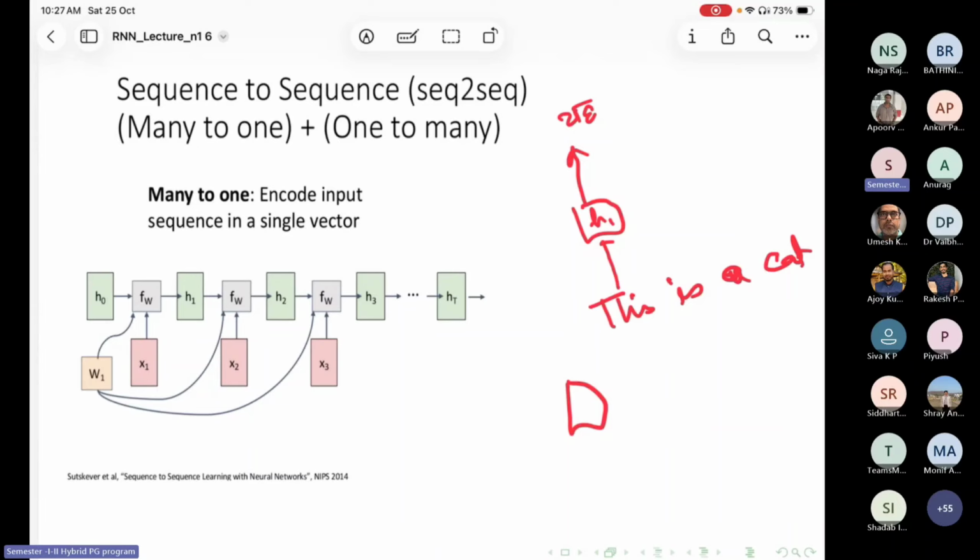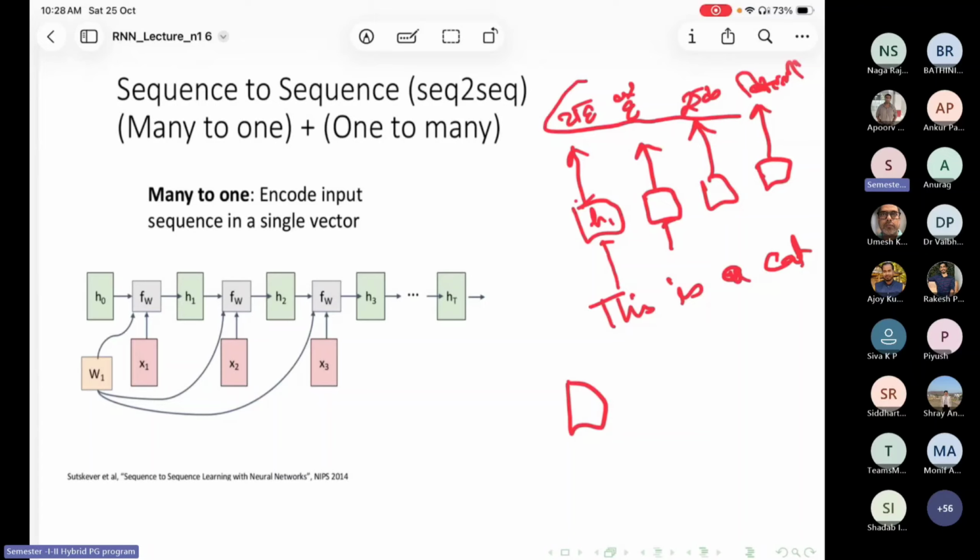Then when you reach "is", if you are predicting the output at this state, you'll be predicting "hai", and then when you reach here, you're predicting "ek", and you'll be predicting "billi". There is no meaning in this. यह है एक बिल्ली. It is not a proper sentence in Hindi. So when you go this way, it is not helpful. That's why, when you are solving the translation problem, it is not directly many to many.